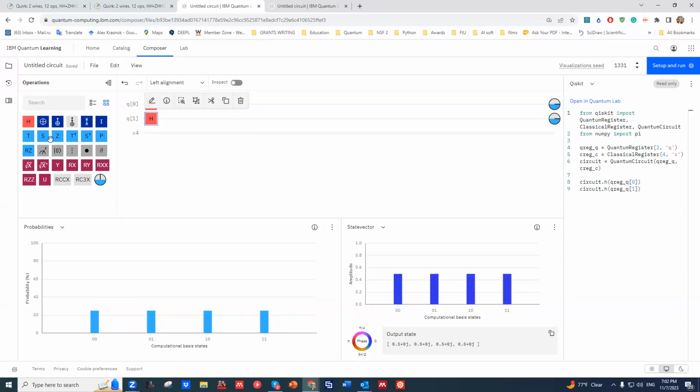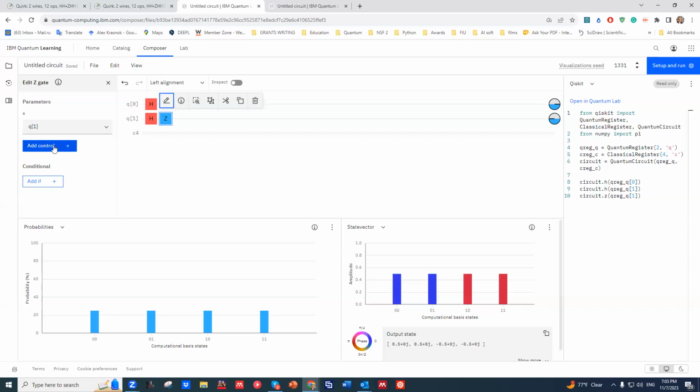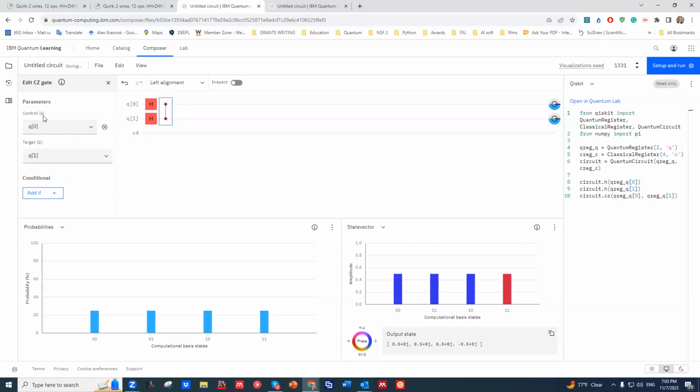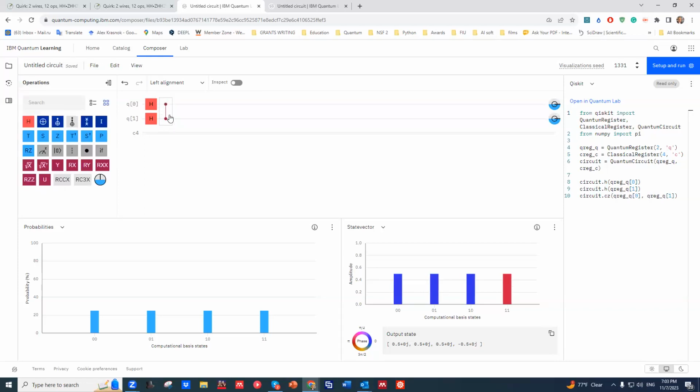Then I need to apply the oracle, which is Control Z. So I have Z here, not Control Z, but I can modify this Z by adding the control. Okay, it's a perfect Control Z, which is denoted differently compared to Quirk.